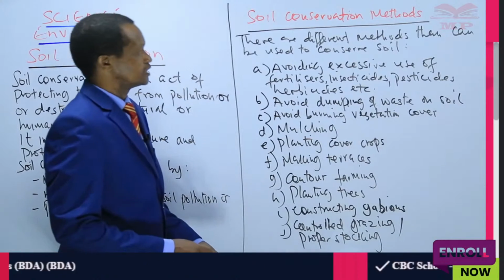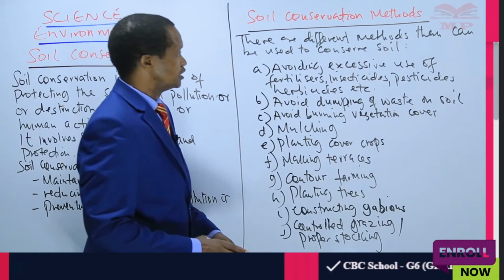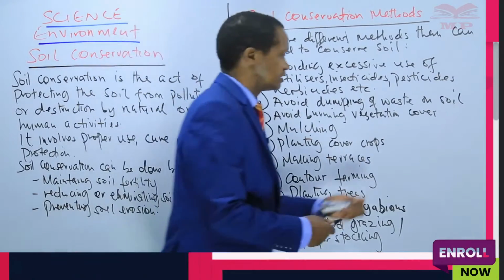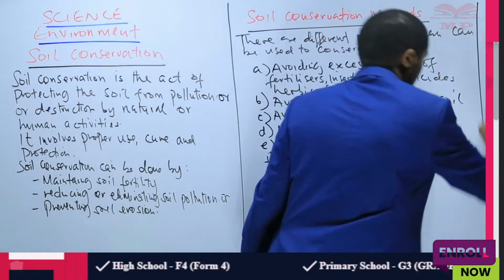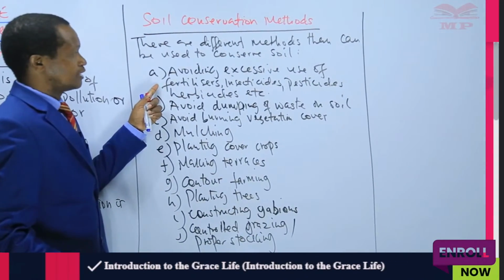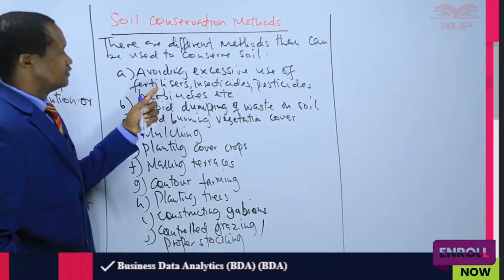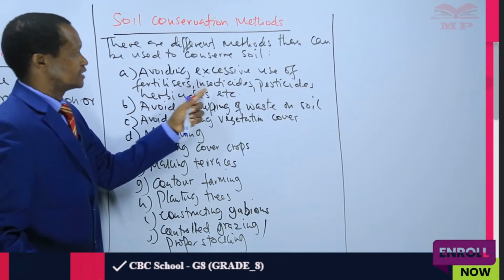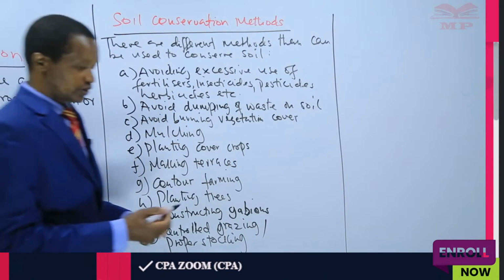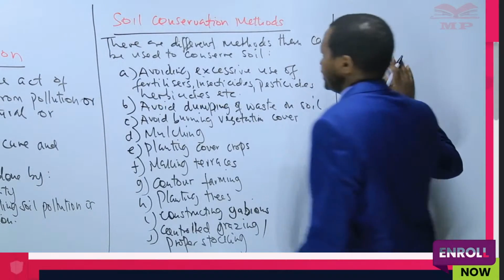So learners, we are going to discuss each and every method one by one. In this lesson, we will learn about avoiding excessive use of fertilizers, insecticides, pesticides, herbicides, and so on. So let's explain.